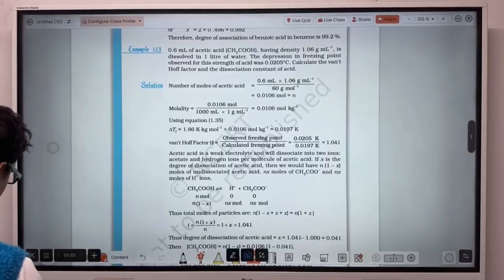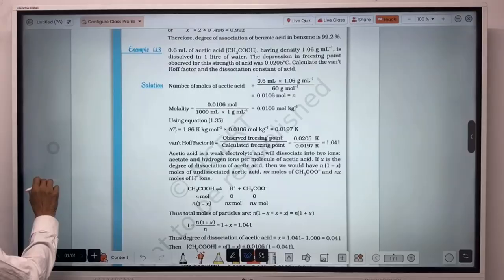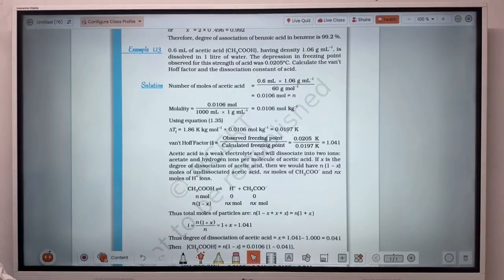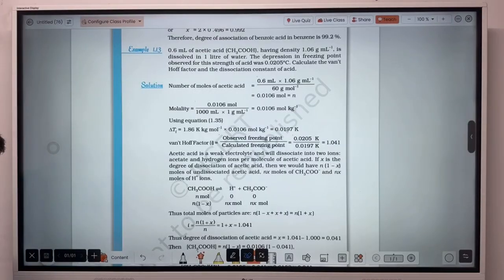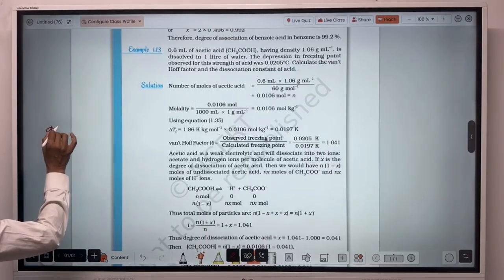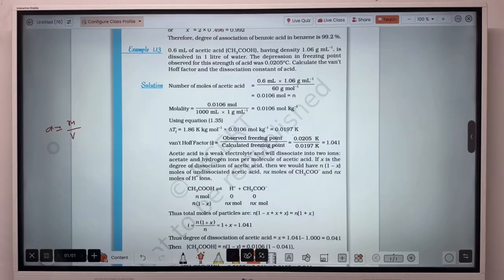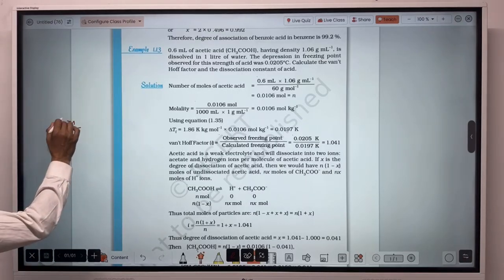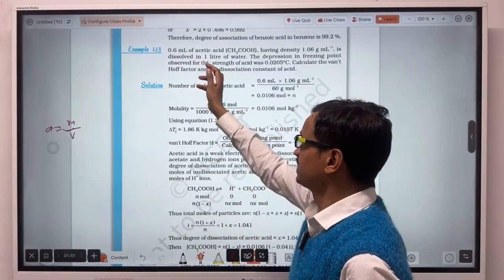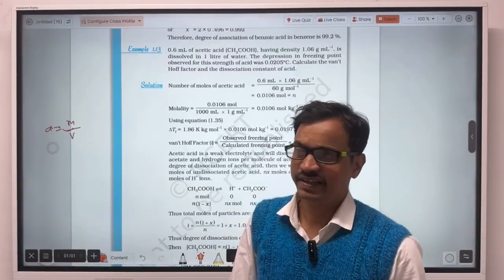So let's see here: mass of acid. Density, you know, is mass by volume. So the density of acetic acid will be the mass of acetic acid upon the volume of acetic acid. So how much mass of acetic acid is there? The volume of acetic acid which has been dissolved is given, so you can calculate the mass of acetic acid dissolved in water.